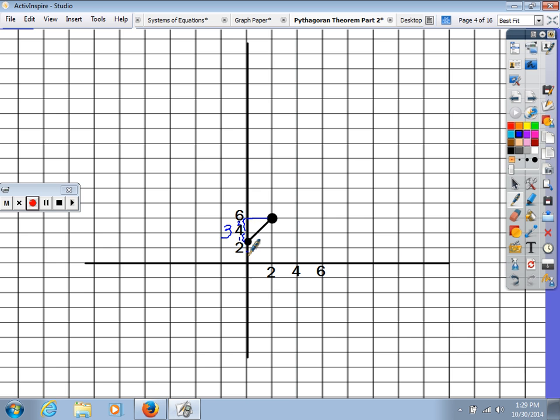And then it goes over, not 1, but 2 because of how it's counted. And this would be where your hypotenuse is. So 3 squared plus 2 squared equals x squared. So 9 plus 4 equals x squared. So 13 equals x squared. And when you take the square root of 13, you should get about 3.6. Okay?